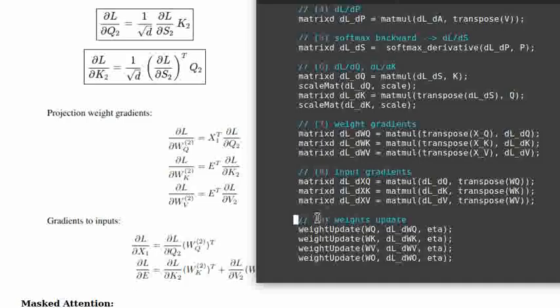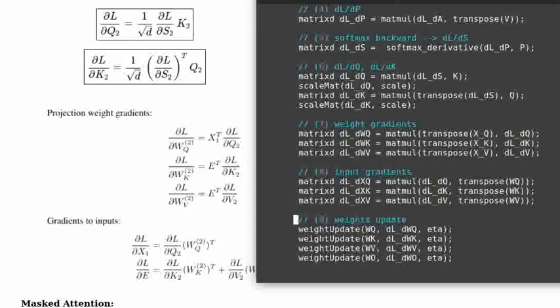XK is our E, XV is also our E, given by the dL/dK times WK transpose, and also the dL/dXV is also dL/dE here. It is given by dL/dV times the transpose of WV.